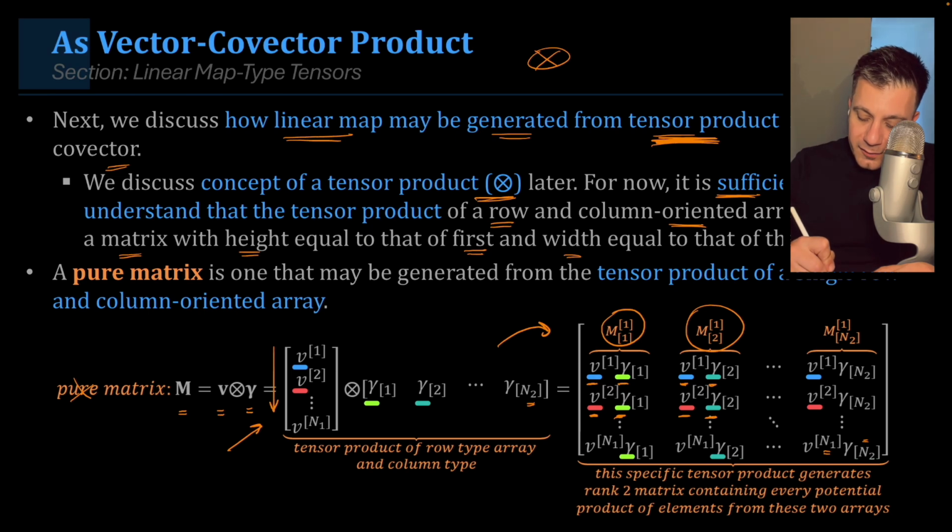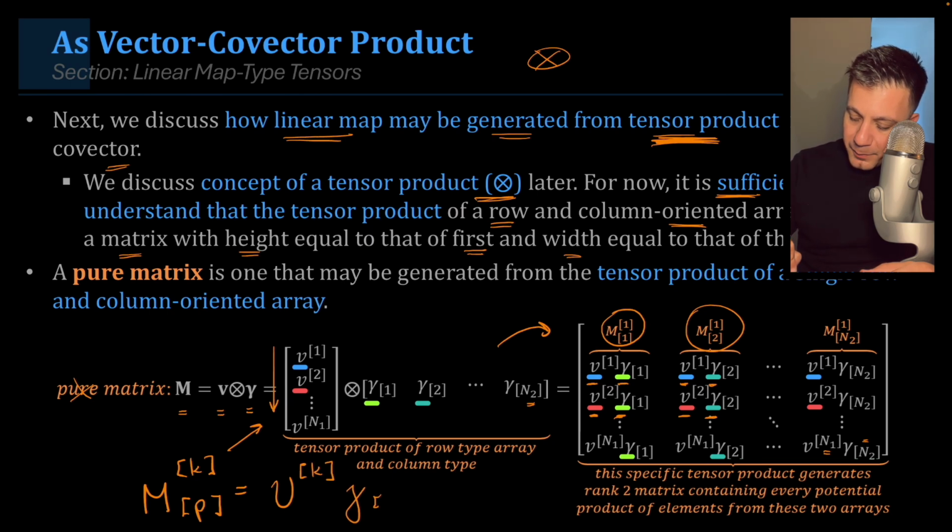So you can think of M^k_p as equal to, for this case exactly, V^k times gamma_p. Now remember, again, V is strictly contravariant, so it only has a contravariant index. Gamma is strictly covariant, so it only has a covariant index. So hopefully this provides enough of an explanation for the tensor product to allow us to move forward.